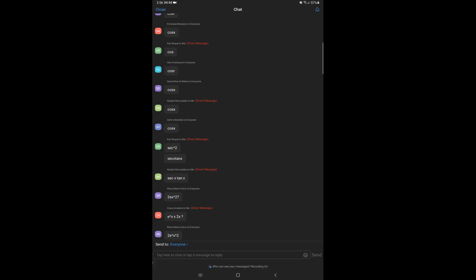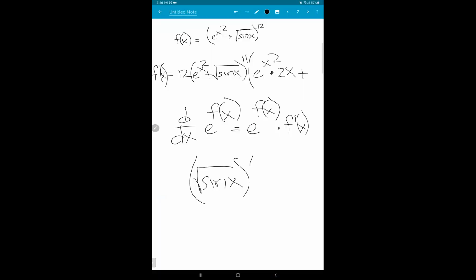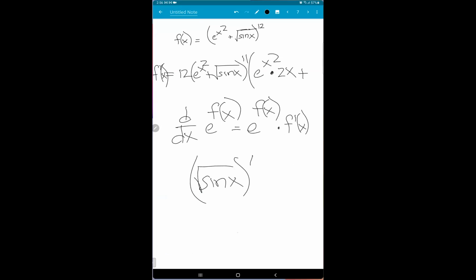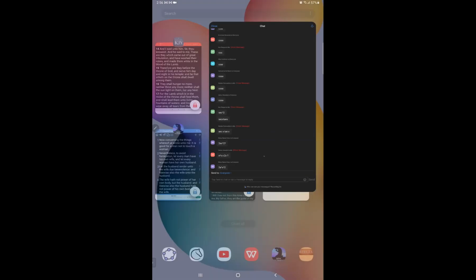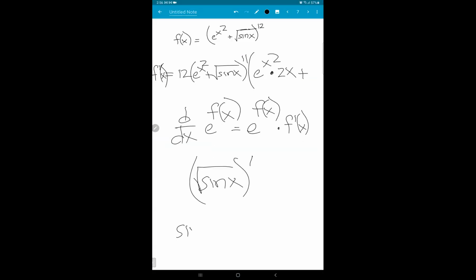What rule do you need to be able to differentiate this function, square root of sine x? Square root is a radical, but you can write a radical as a power. Sine x quantity to the 1/2.